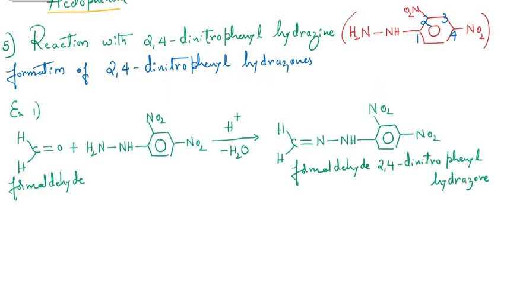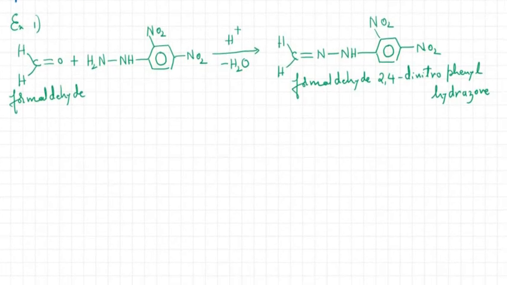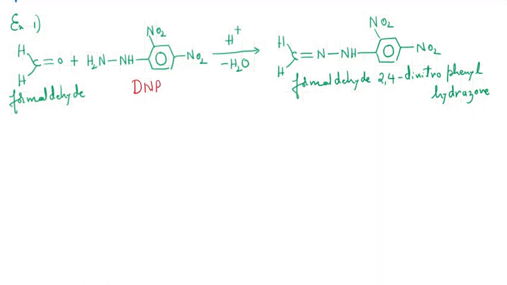So I have taken the example of formaldehyde here, students. You can see that formaldehyde when treated with DNP, I'll write it here as DNP, dinitrophenyl hydrazine. So here there is a loss of a water molecule, right, and the remaining part, this carbon, is now linked with this nitrogen, and it has been shown in the product as carbon double bond nitrogen, and the remaining part is as it is.